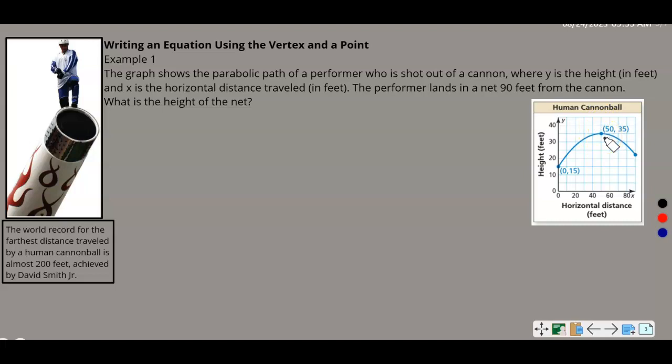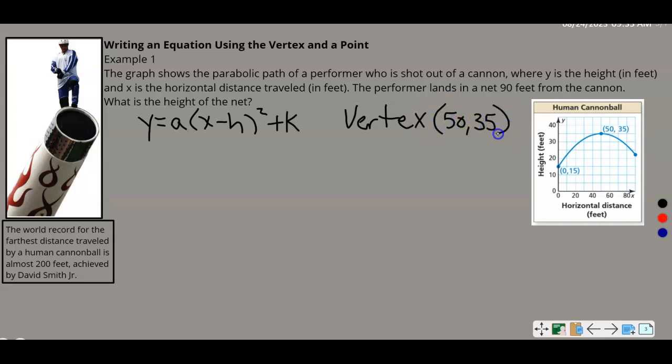So what we're going to do is take vertex form: y equals a times x minus h squared plus k. We have the vertex, and this is from the graph, (50, 35).